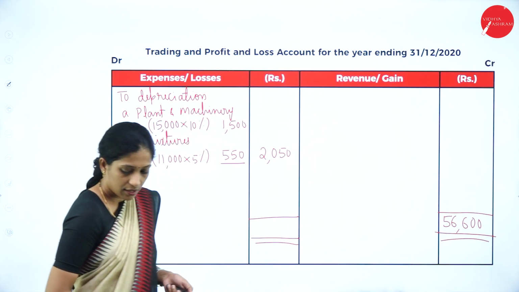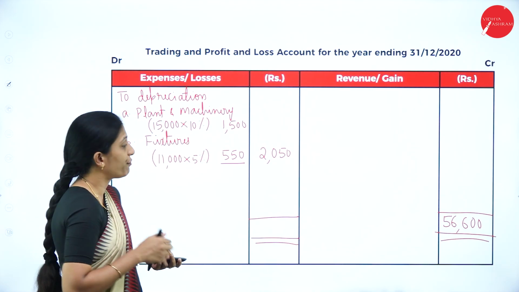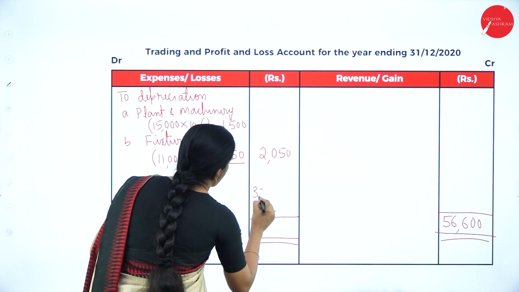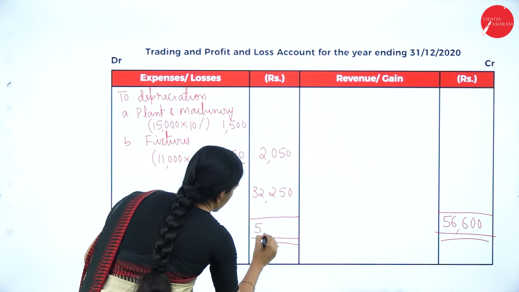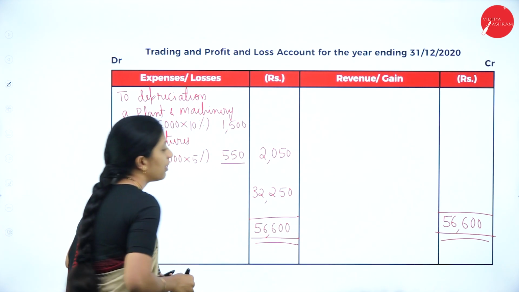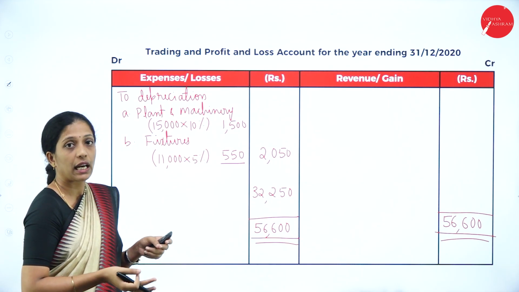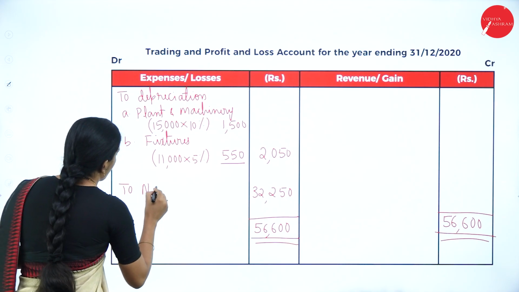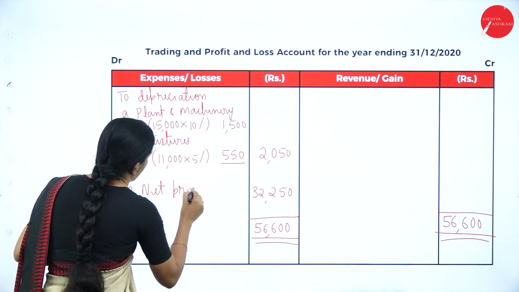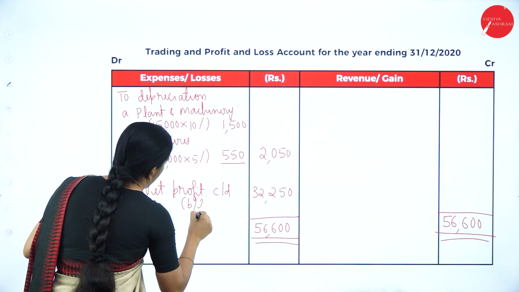So this will be 32,250. So the net profit will be 32,250, and the total of both sides is 56,600. Now why is it net profit? Because your revenue or gain was more than your expenses or losses. So we'll record it as to net profit carried down, and this would be the balancing figure.